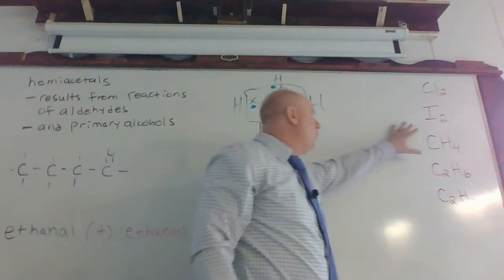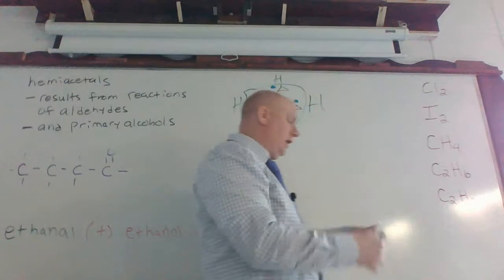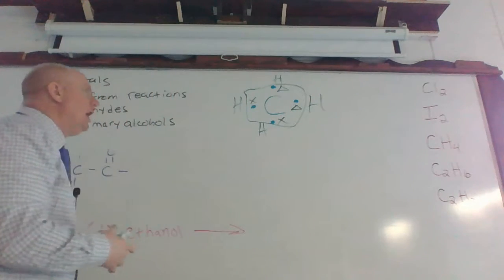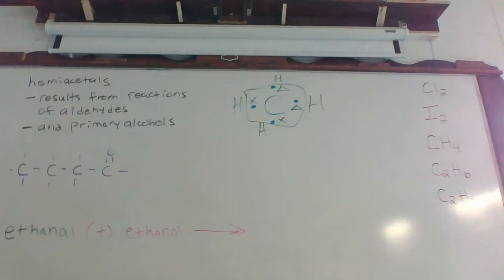As we grow in number from CH4 to C2H6, again, carbon can do more than just single bonds. So, like in baseball or softball, getting past first base, maybe you end up on second base. That's a what? That's a double.